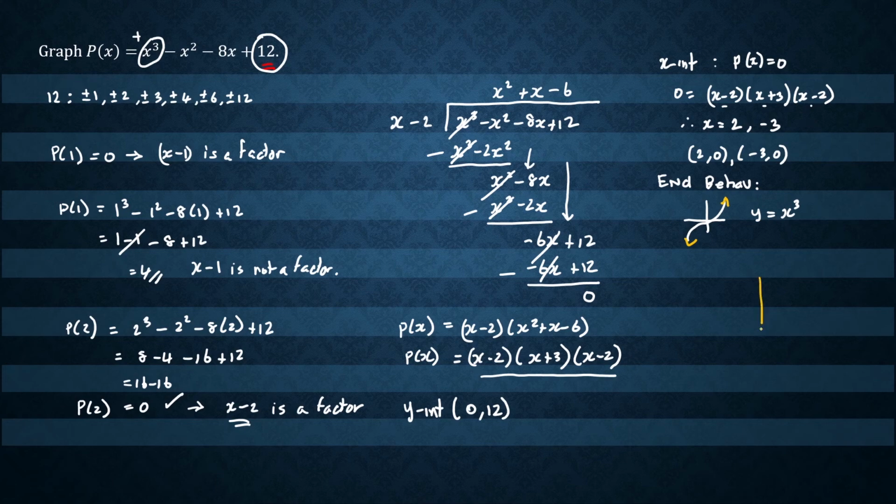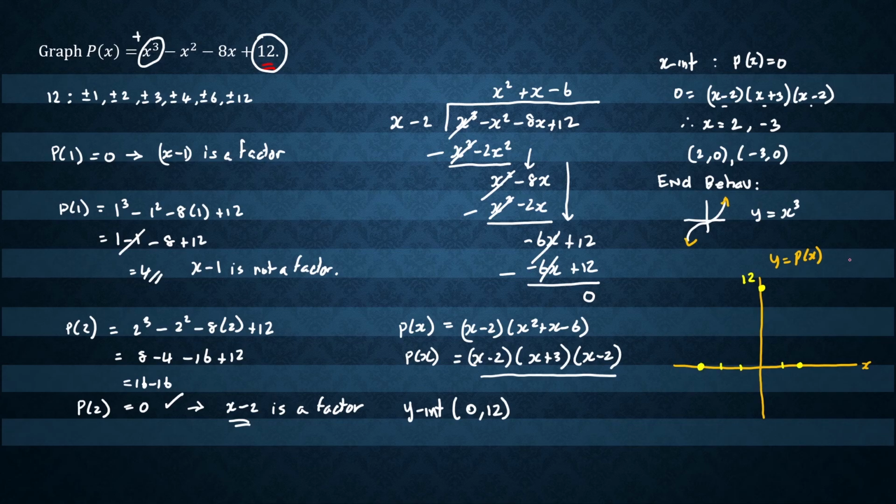So let's draw the axes, where this is the x-axis, and this is y equals P(x). That's our polynomial. So the y-intercept is 12. We'll put that up here somewhere. And the x-intercepts are 2 and negative 3. So we have 2 here and negative 3 here.